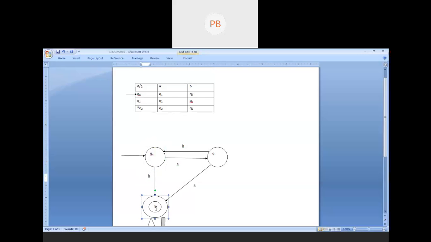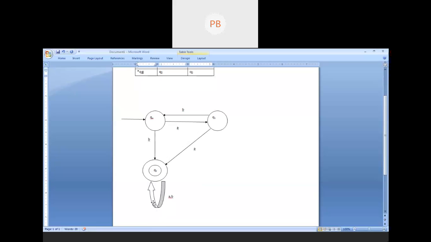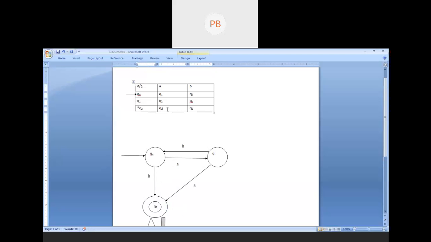Similarly, Q1 B Q2. From Q1, if we use input symbol A, we reach Q2. Similarly, Q1 A Q2. Then Q1 B Q naught. In case of Q2, it is a self loop. That means from Q2, using either A or B, we reach the same state. That's why Q2 A Q2, Q2 B Q2.